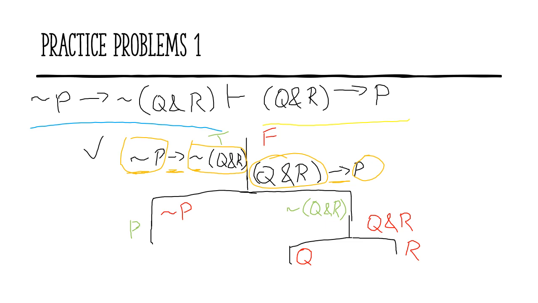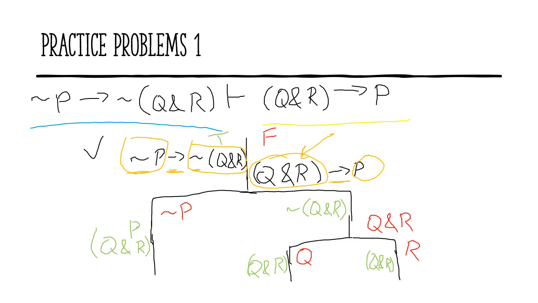So what we're going to do is we're going to take the left side here, so this Q and R, and we're going to write it as Q and R as true on all of these branches on the left side, because we are breaking down that sentence.